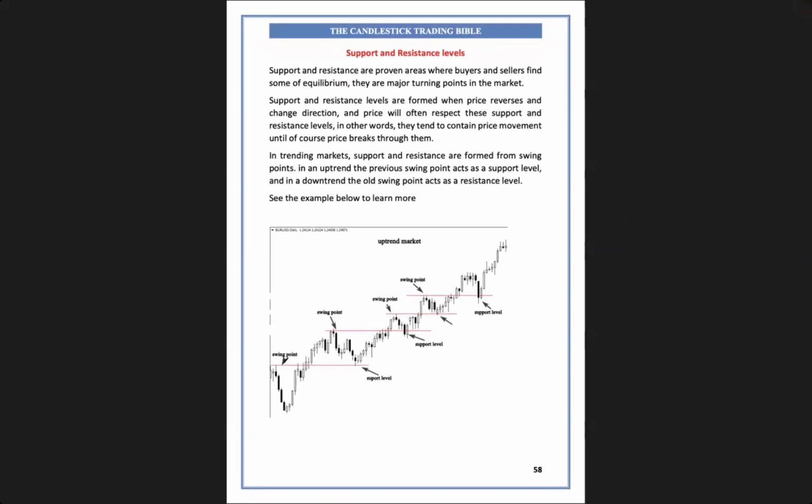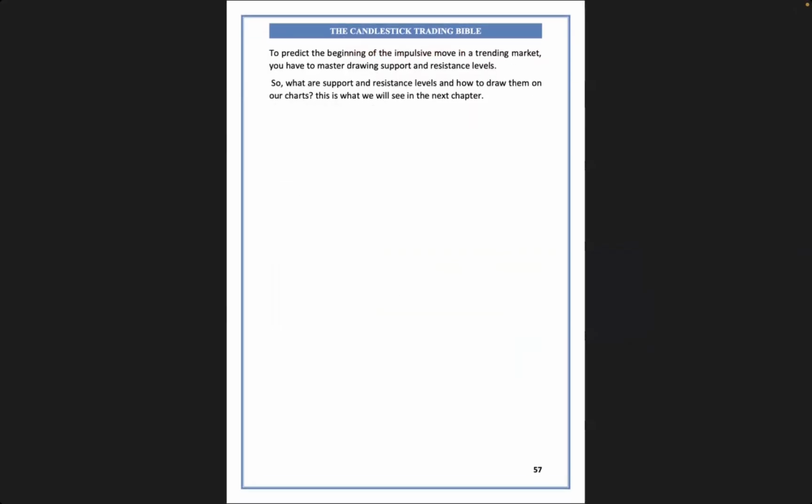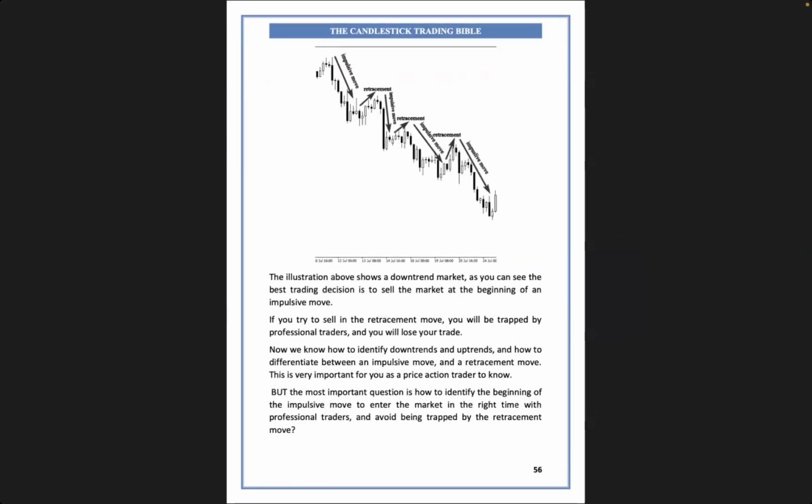All right. So yesterday we looked at market structure. We looked at price creating higher highs and higher lows for an uptrend, and then price creating lower highs and lower lows for a downtrend. And we identified impulsive moves and then retracements.